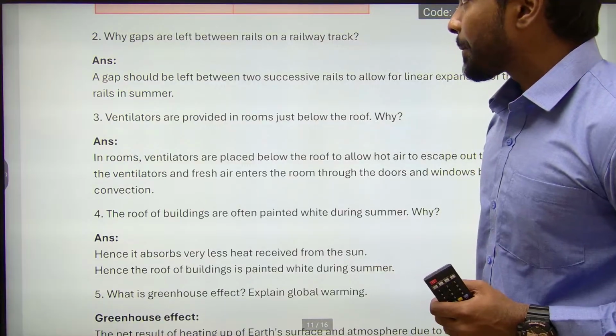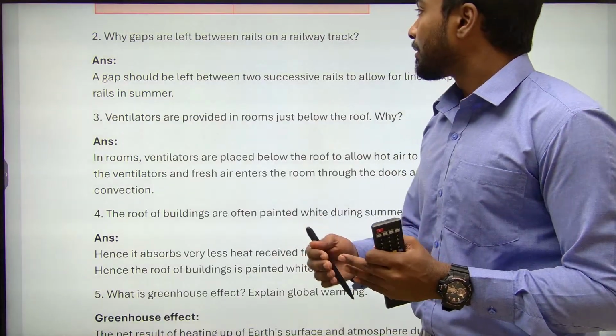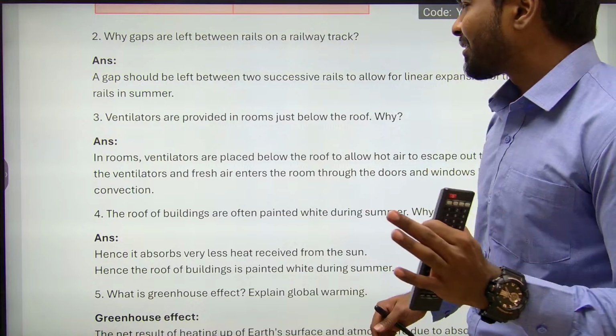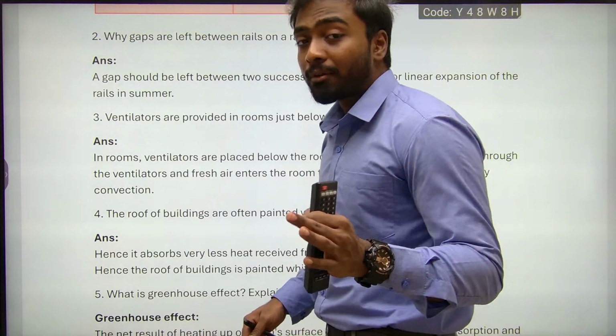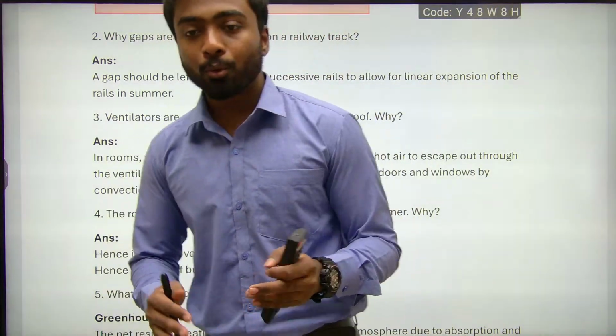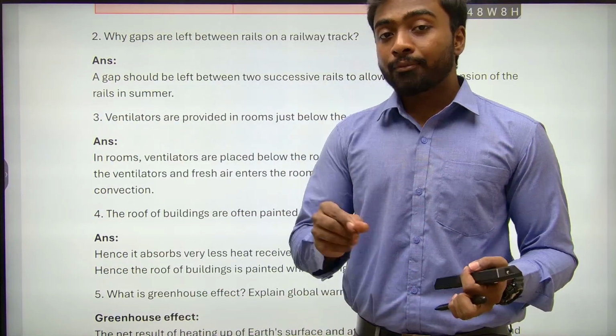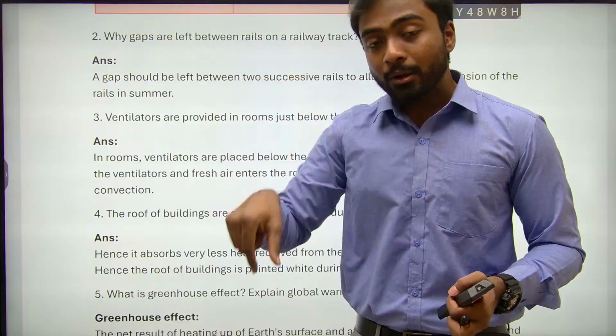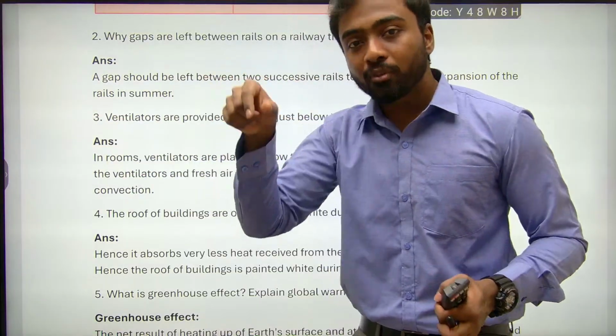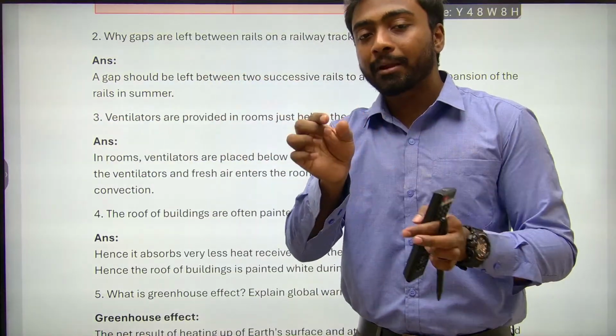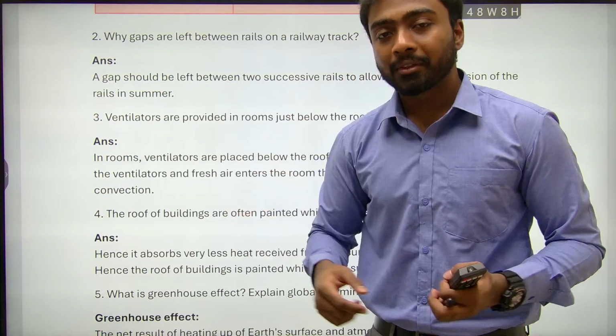The second question, from the application point of view: why are gaps left between the rails on a railway track? You would have noticed similar gaps in between roads made of metal.